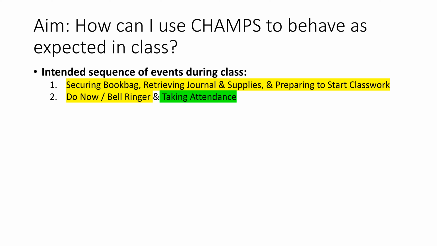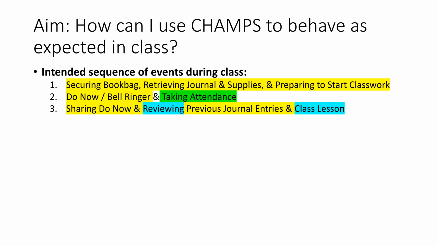I will then describe the do now or bell ringer activity to students. Then I will take the attendance while students individually work on the activity. Each student will share his or her work with a student sitting next to him or her.